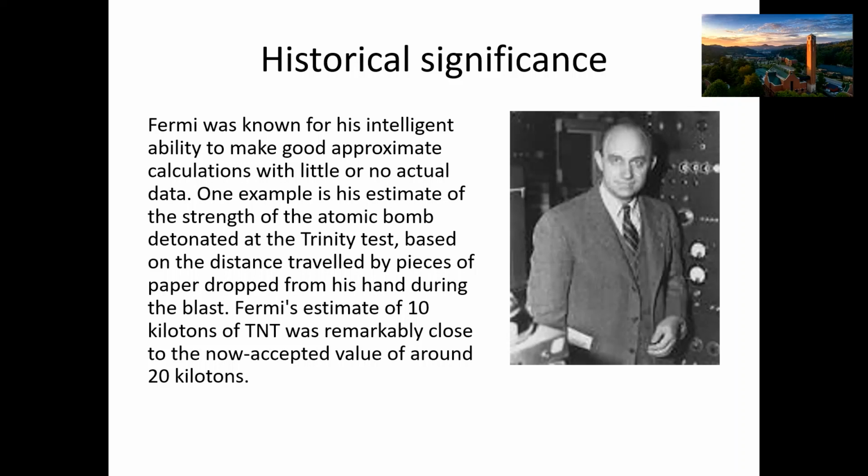So based on the distance traveled by the pieces of paper, he was able to estimate that 10 kilotons of TNT were used, with the real actual number being 20 kilotons. So he was able to estimate that quite well.